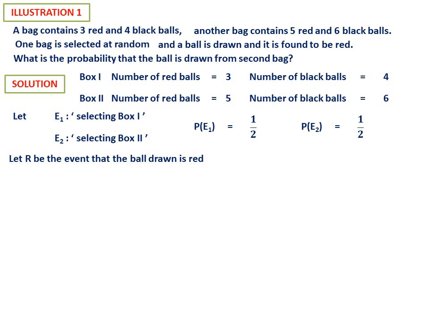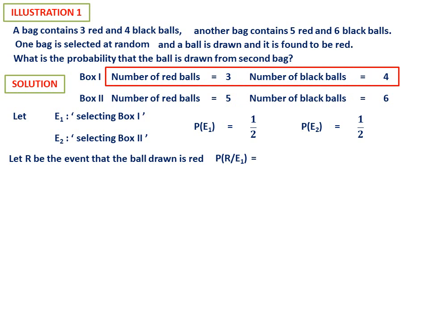Now let R be the event that the ball drawn is red. Therefore, probability R given E1, that is if it is from the first box: there are 3 red balls and 4 black balls, therefore definitely it will be 3 by 7. Number of favorable cases 3 divided by total number of balls, 3 plus 4, 7.